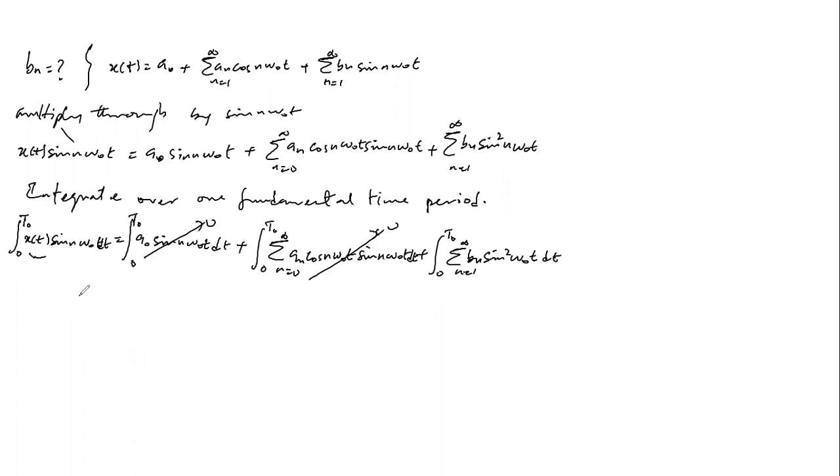So we have the integral from 0 to t naught of s of t sine n omega t dt, the same as the integral from 0 to t naught of the summation n to infinity of bn sine squared n omega t dt.